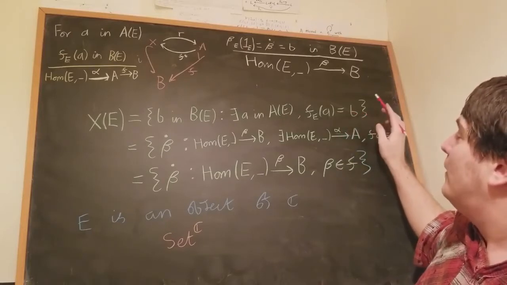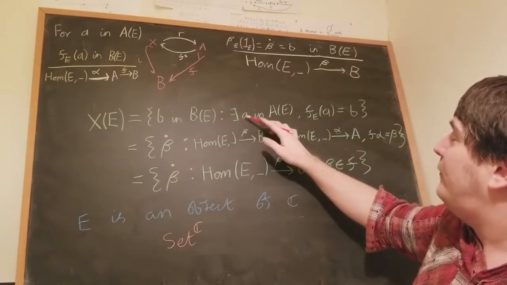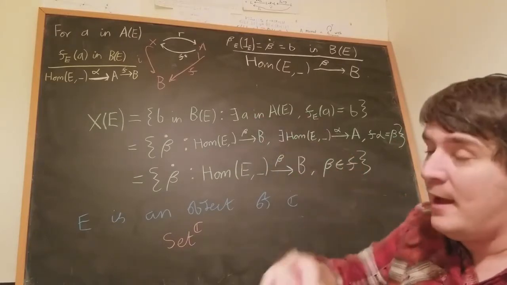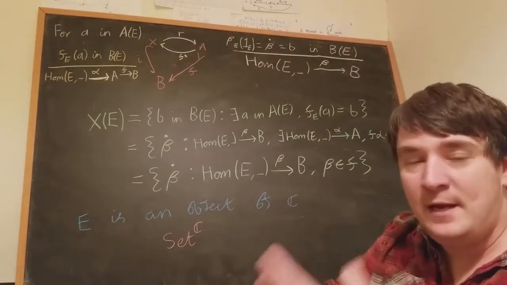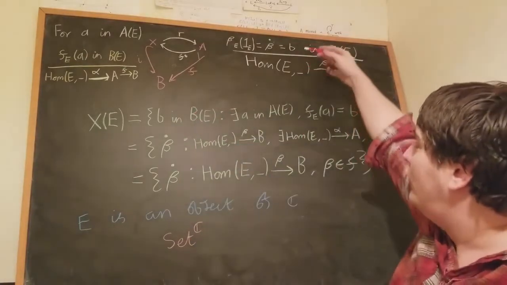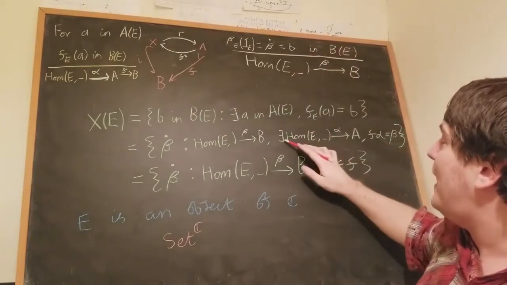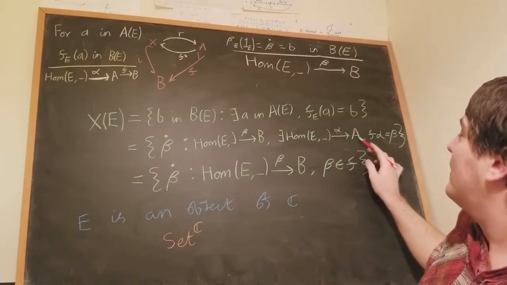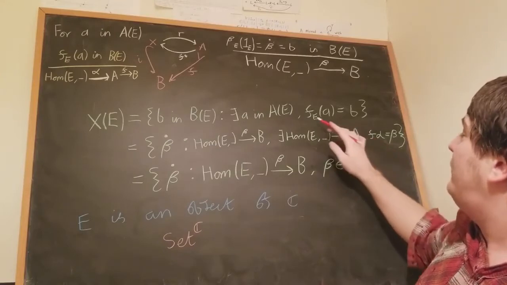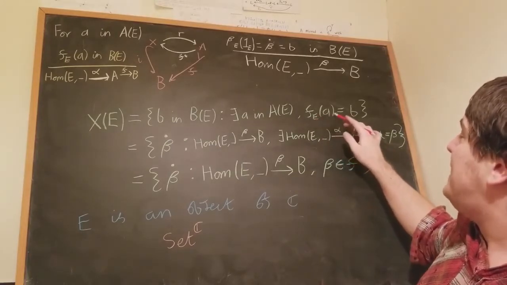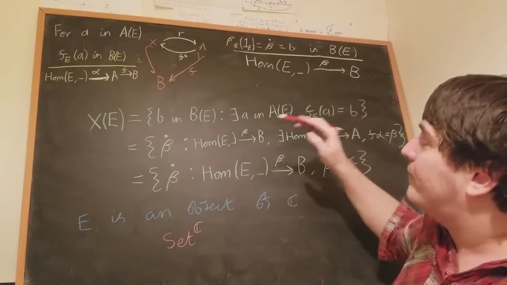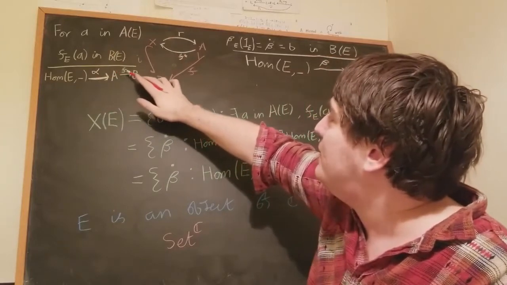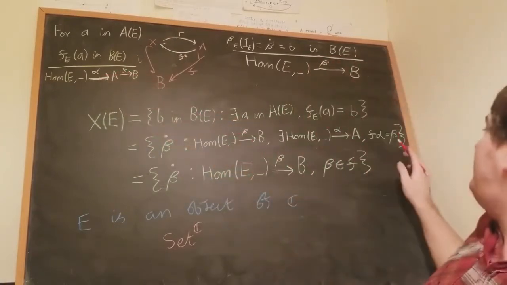To say that there exists a little a in A of E, in Yoneda speak, under the Yoneda correspondence, putting this in terms of arrows, would be to say there exists an arrow alpha from hom(E, -) to A. And then to say f of E of a equals b, in arrow speak, is to say that f after alpha equals beta.